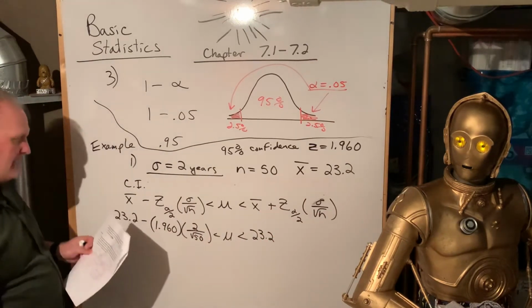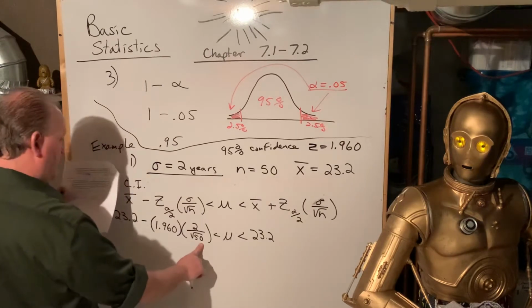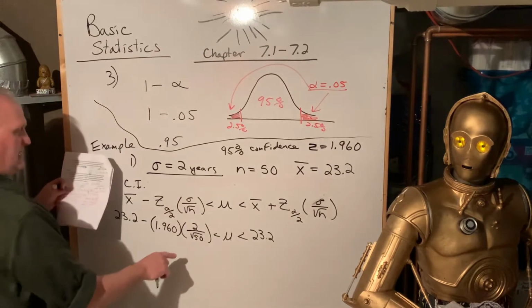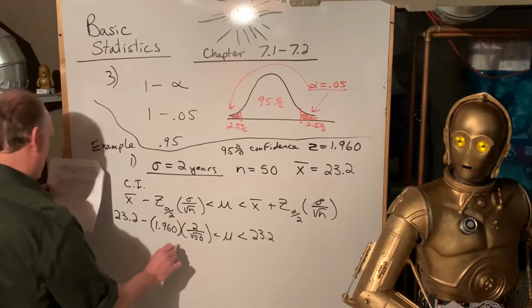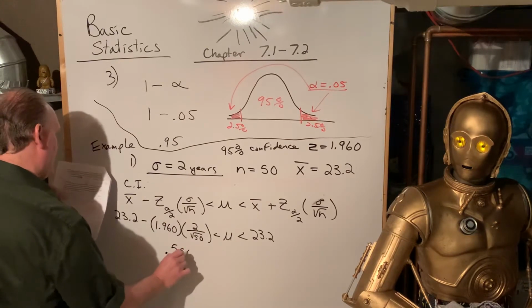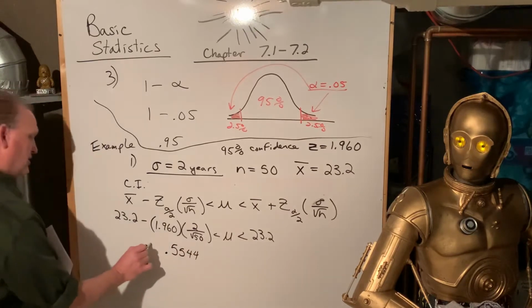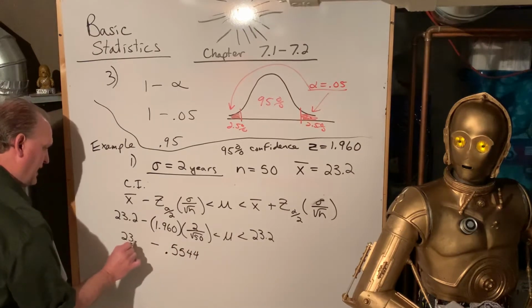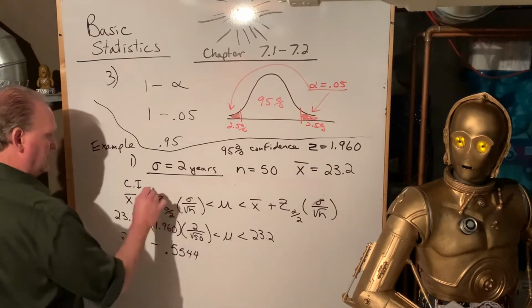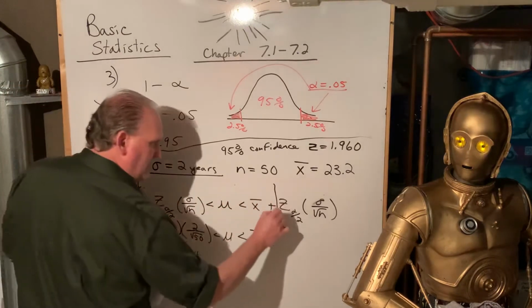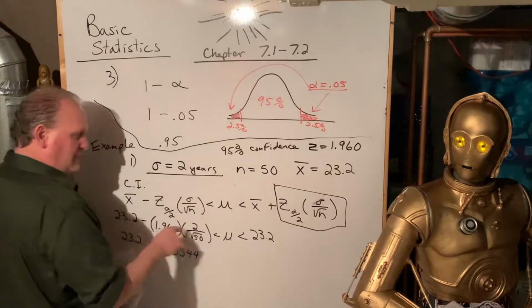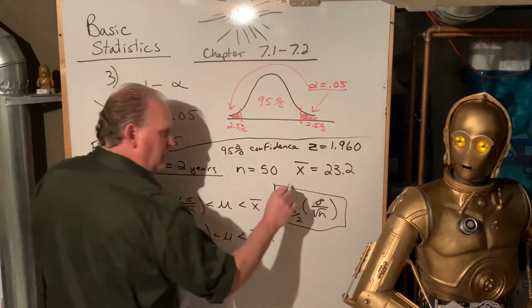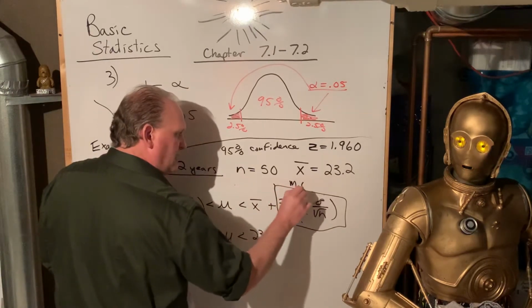So what I suggest is let's do this calculation. This 1.96 times 2 divided by the square root of 50 is this value, 0.5544. That's also referred to as the margin of error. This thing right here, what you're adding and subtracting from the mean on either end of the interval, is called the margin of error.